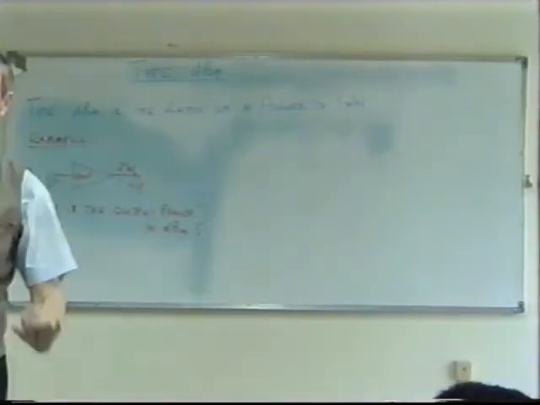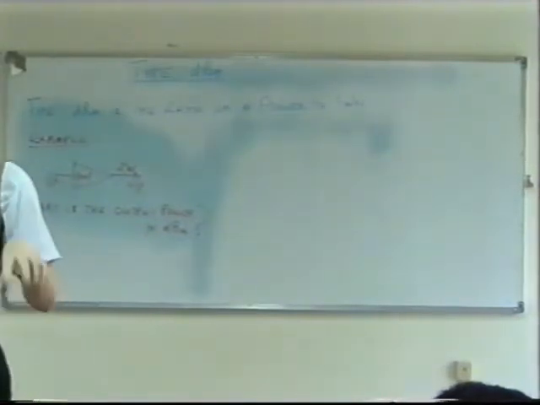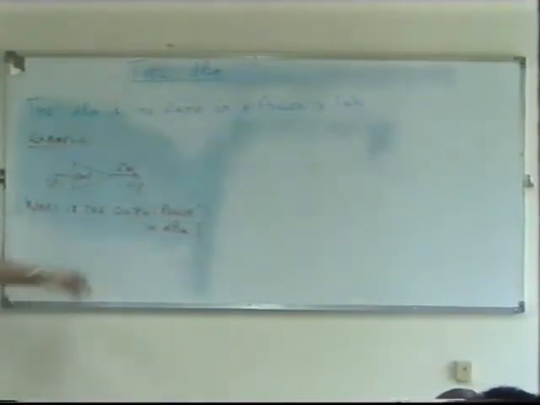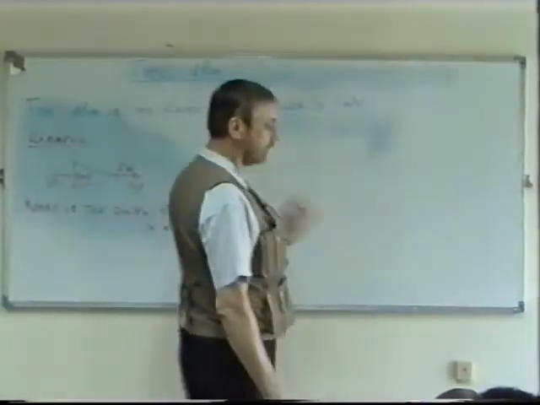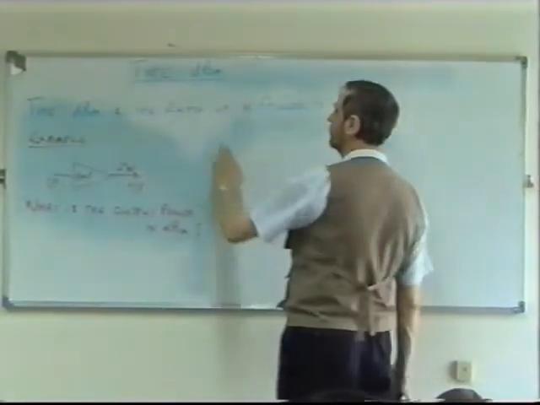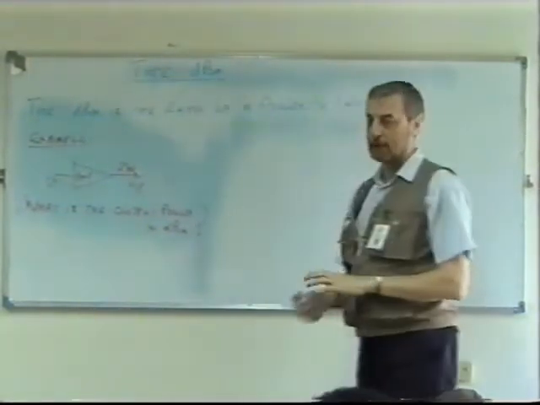But if I said the input was 1 milliwatt, then you know precisely what the output power will be. Not just the gain as a ratio, but an actual power. So the dBm is a measurement of power, not just a power ratio, because we're always referring to 1 milliwatt.